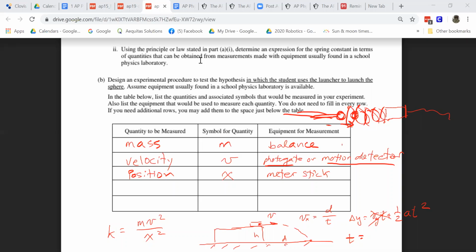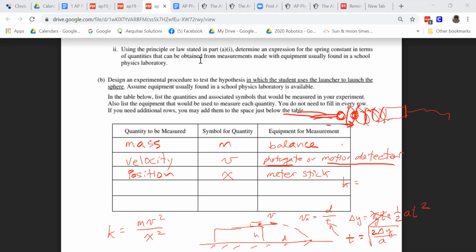And we've done this problem many times, right? t equals the square root of 2 times delta y over a. And so now you could plug that in here to get the velocity. So in other words, we could write another expression.